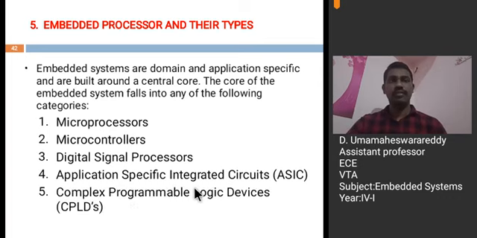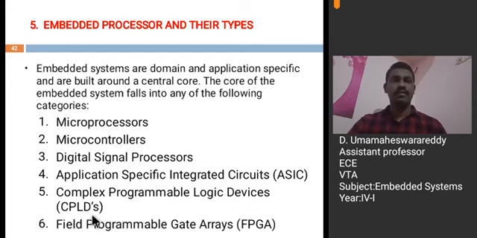Next, CPLDs and FPGAs, complex programmable logic devices and field programmable gate arrays. The PLDs consist of a large number of programmable gates on a VLSI chip.